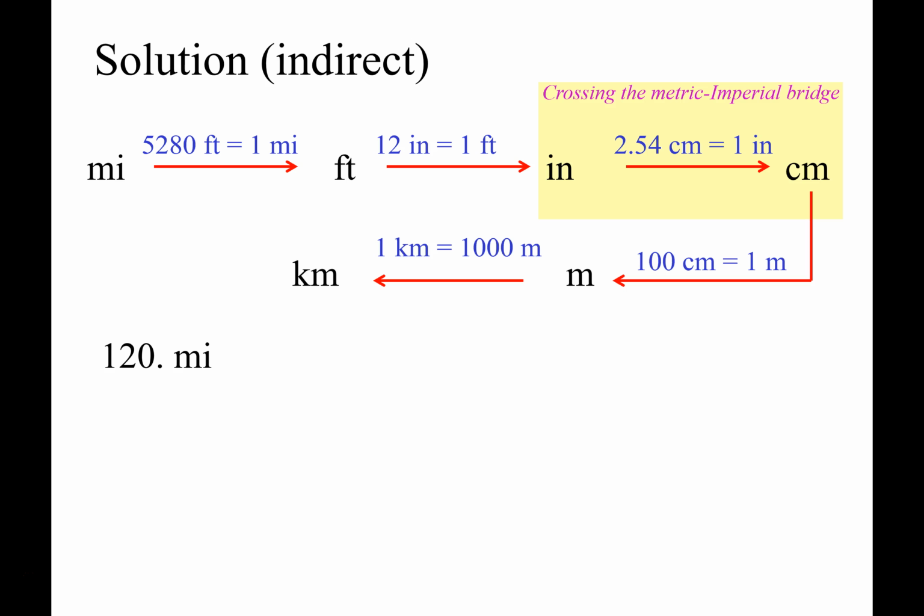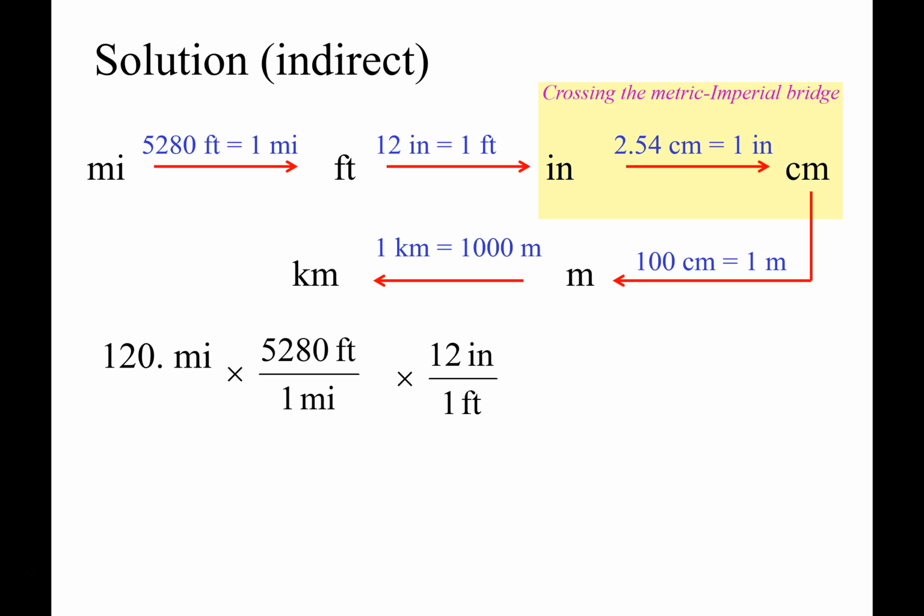Cool. 5,280 feet over 1 mile, since we want miles to cancel. So how do we get feet to cancel with the next equivalency statement? Yep, we put 12 inches over 1 foot. Very good. Now, everything's canceled except for inches.